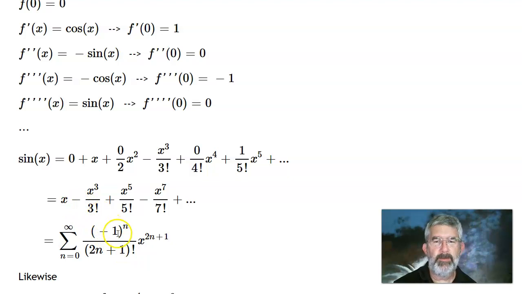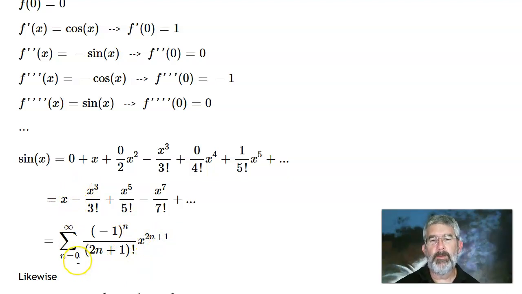And the alternating sign comes from the minus 1 to the n, because minus 1 to an even power would be 1, and minus 1 to an odd power would be minus 1. So starting off here at n equals 0, this is going to give me a positive, and the 2n plus 1, 2 times 0 plus 1 is 1, so that gives me that x.